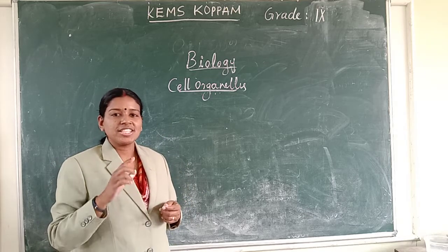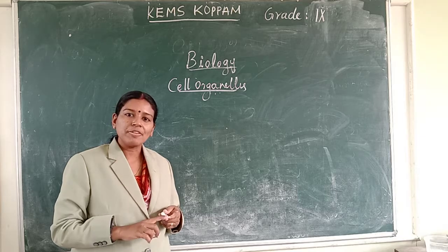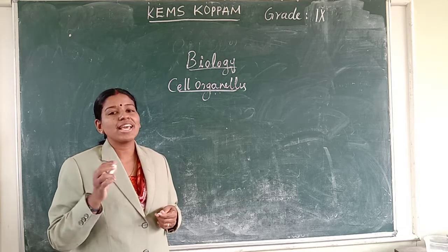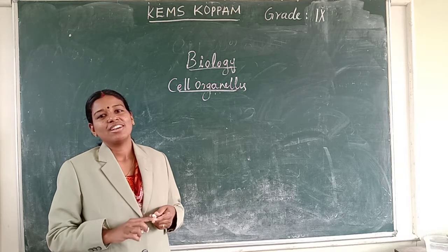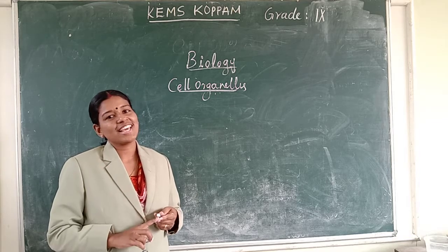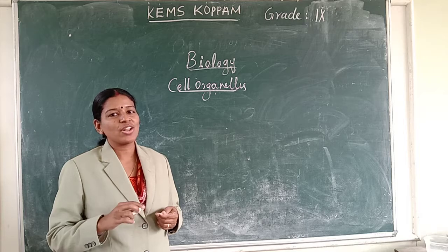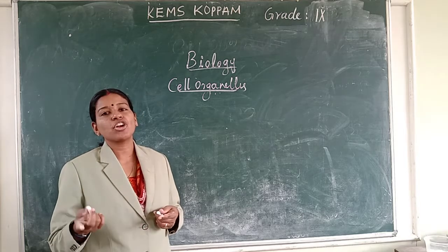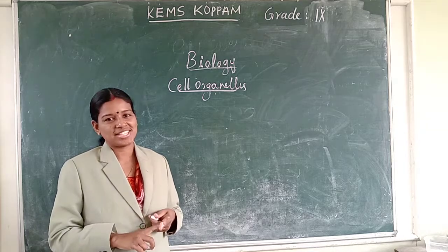In a prokaryotic or primitive type of cell, membrane-bound cell organelles are absent. But in a eukaryotic cell, membrane-bound cell organelles are present. This is one of the differences between a prokaryotic cell and a eukaryotic cell.